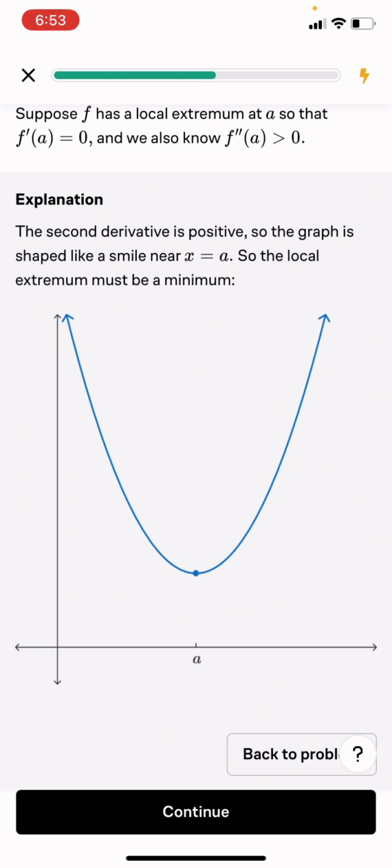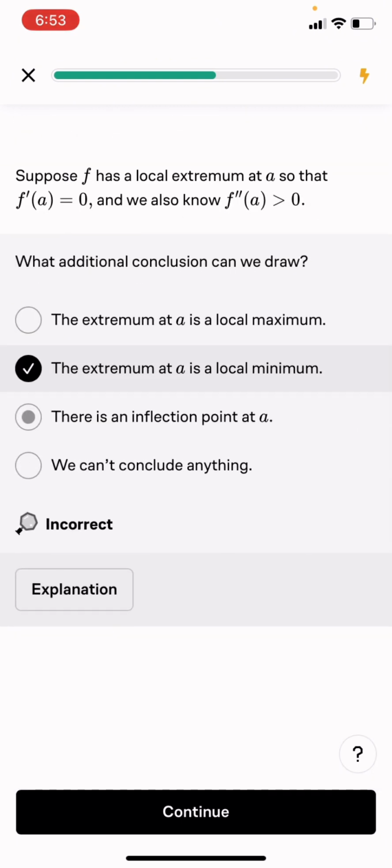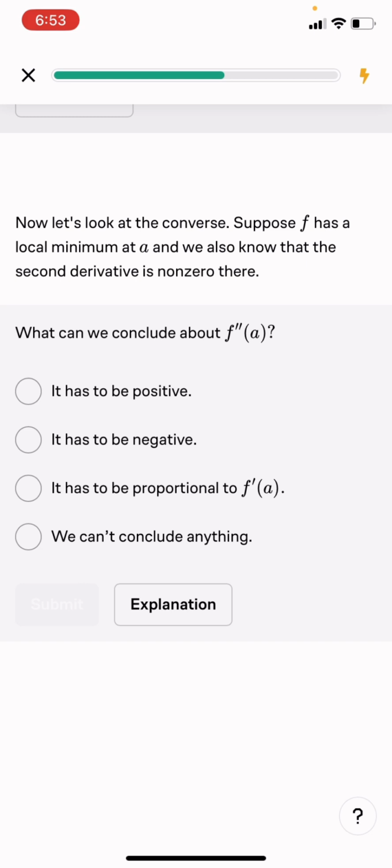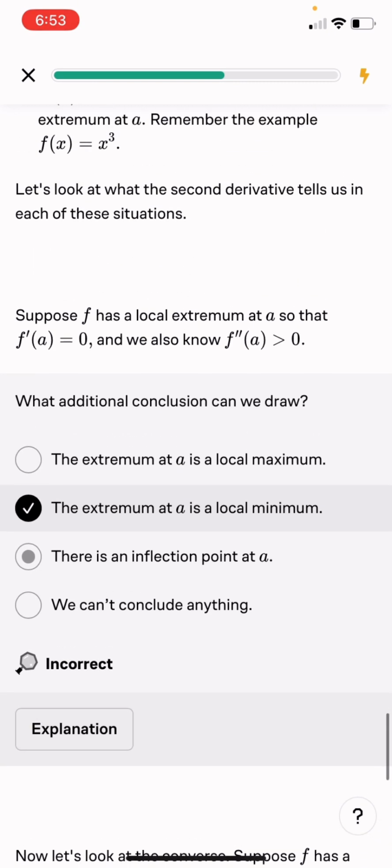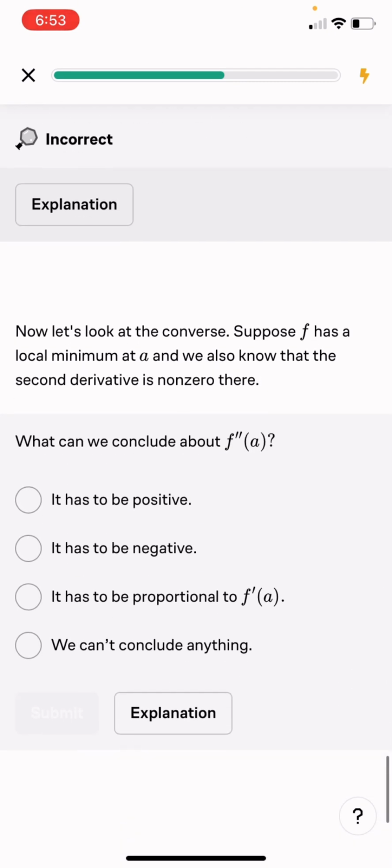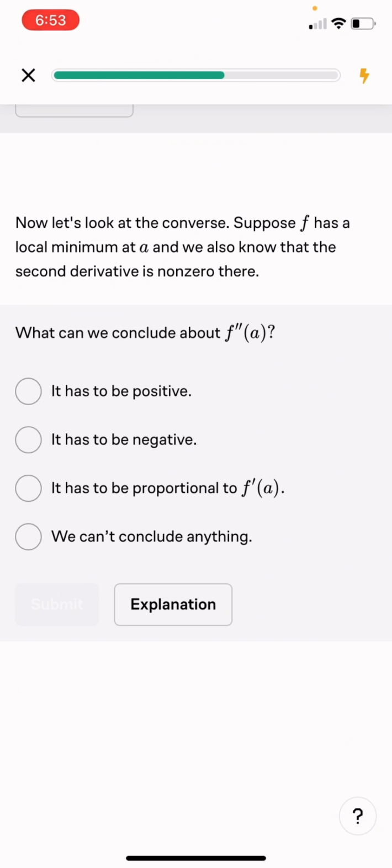So if it had a local minimum, I think it technically has to be positive.